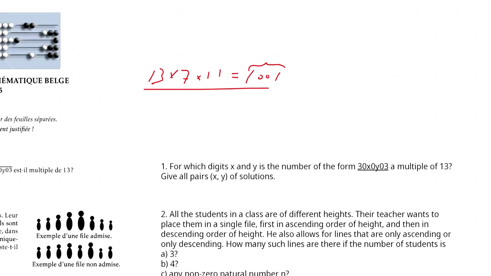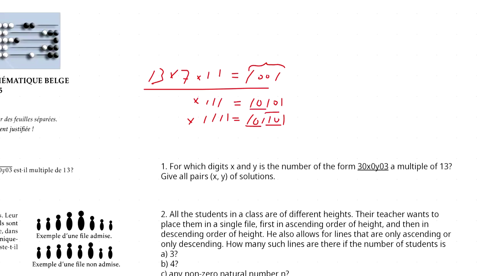So if we replace 11 with, for example, 111, the product will be 10,101. So it's also something special. The number consists of 1 and 0. If we replace 111 with 1,111, the product will be 100,001 and 1001, symmetric and with 1 and 0.